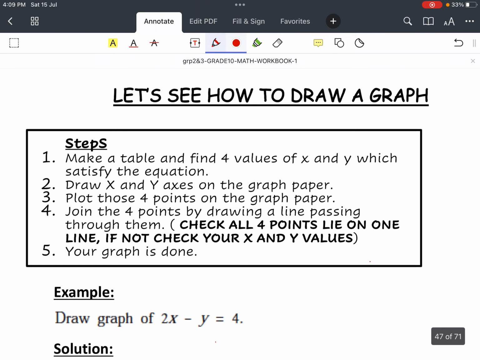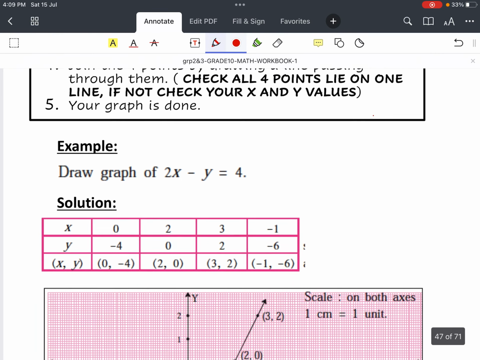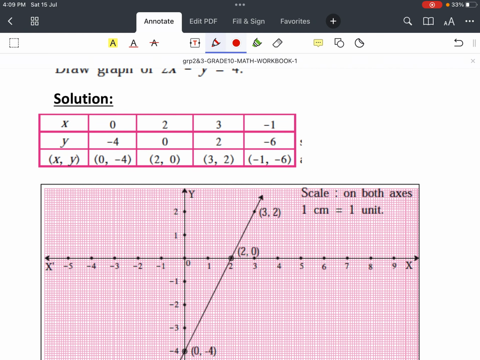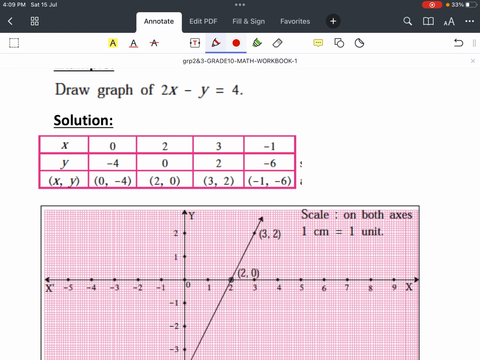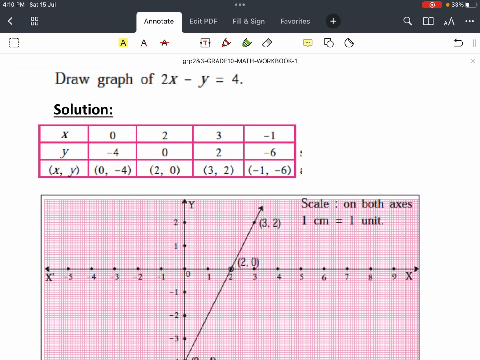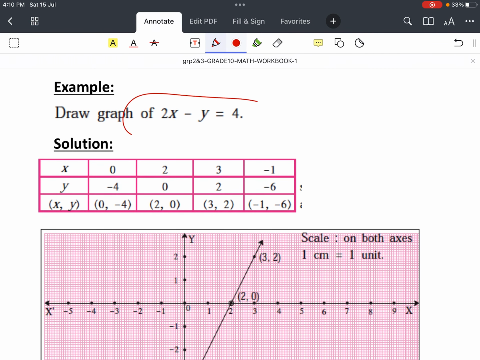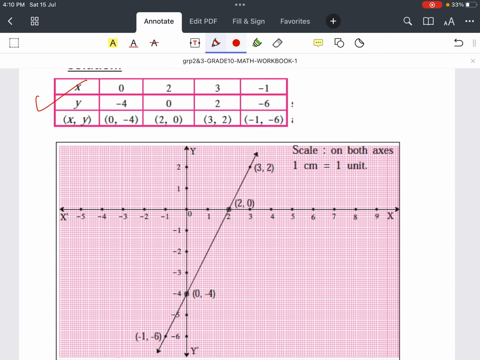Now let's move to the next one: how to draw a graph. This is one solved example which is given to you. So 2x minus y is equal to 4, and for this we have to draw the graph. So what is the first thing? Solve this table, or complete this table, and then put these points on the graph paper.